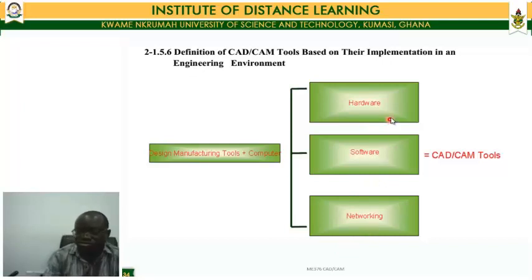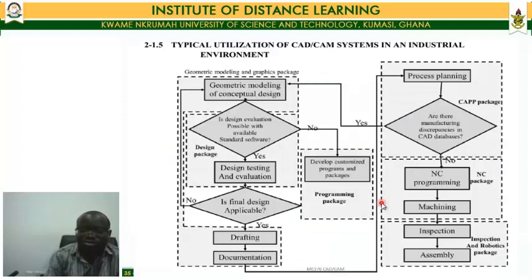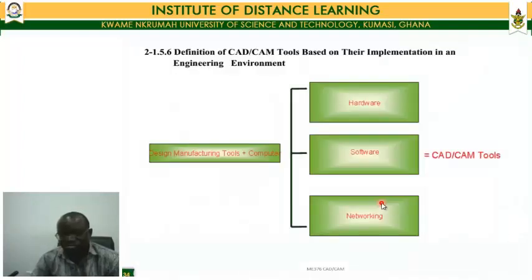So, you have hardware which comes from a computer, you need software, which is the design software and the manufacturing software. And then the computer also should have a networking capability. By this you have your CAD CAM tool. So now we have seen CAD, CAM, and a CAD CAM tool.